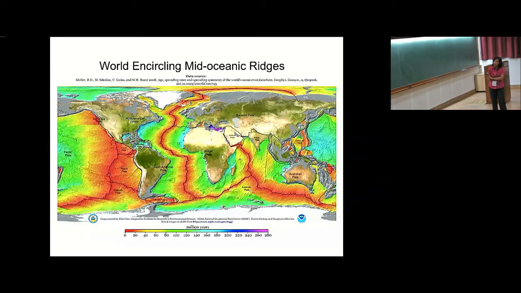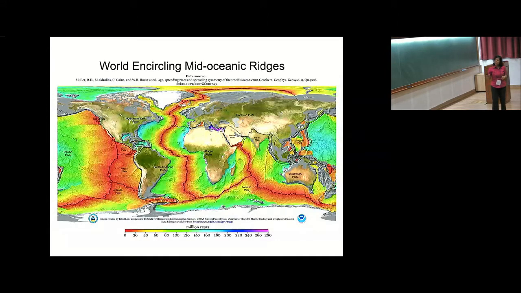Something to remember is that the average age of the ocean floor doesn't go beyond 200 million years. The age of the Earth is about 4.5 billion years, but if you go to the oceans, you don't find rocks older than 200 million years. Why? We will come to the answers to these questions later in the talk.